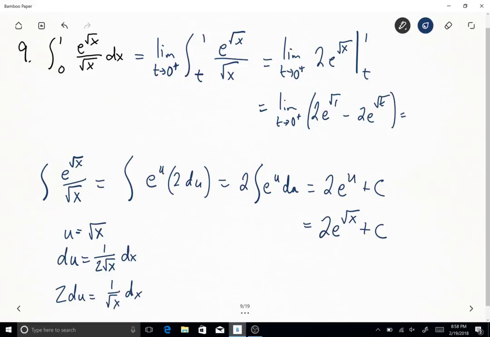Okay, so the square root of 1 is just 1, so you get 2e minus 2e to the 0, and e to the 0 is 1, so you get 2e minus 2. And that's your final answer.